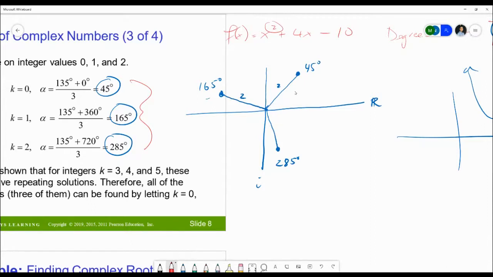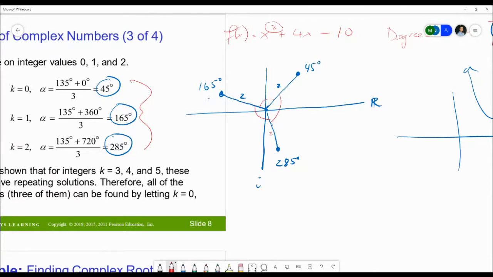Now let me ask you this, just visually, what do you see here with the relationship between these 3 roots? Do you recognize any similarity between them, maybe the angle between them?